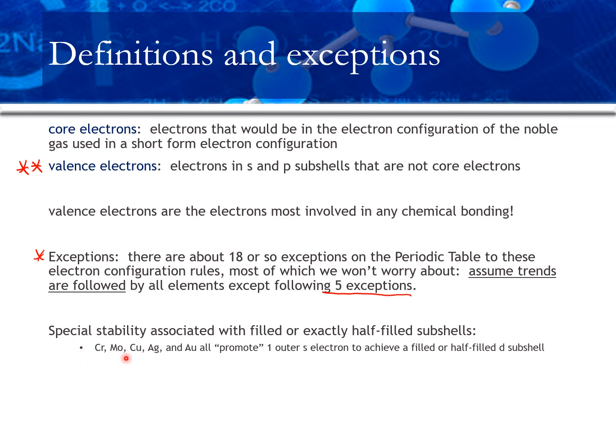Chromium, molybdenum, copper, silver, and gold all promote one outermost s electron in order to achieve this energetic stability associated with a half or completely filled d subshell. And the easy way to remember these 5 exceptions is to look at a periodic table and see where they are on that table, and I'll show you on the next slide.